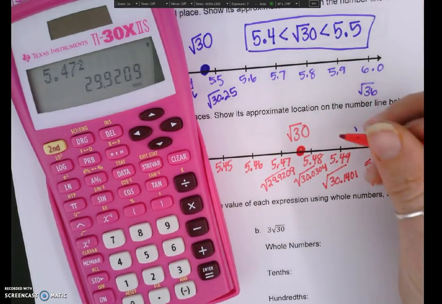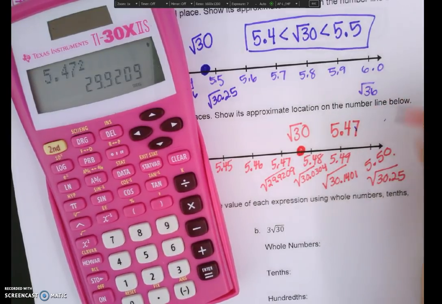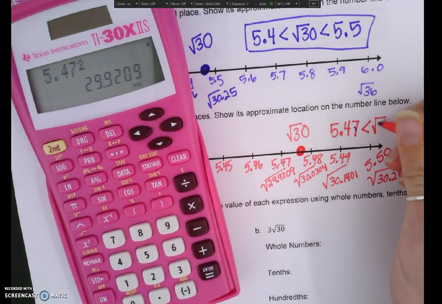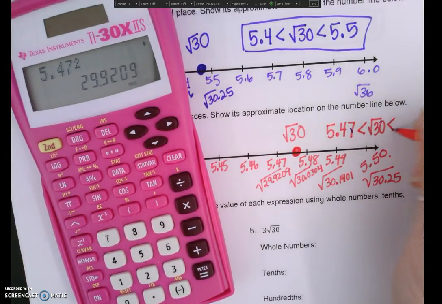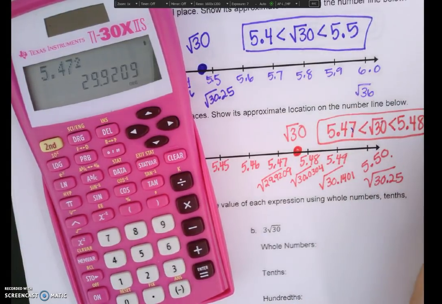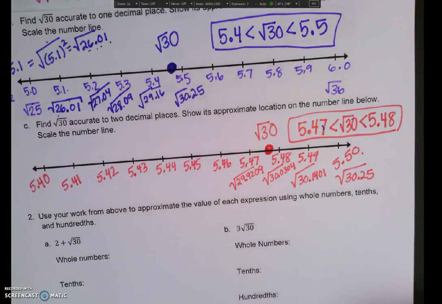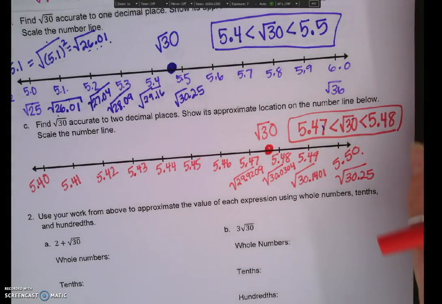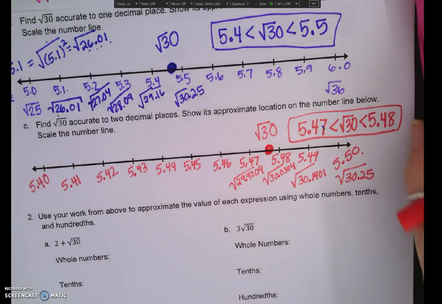So again, our lower bound approximation, 5 and 47 hundredths, is less than radical 30, but radical 30 is less than 5 and 48 hundredths. So this is my approximation to the nearest hundredth. And the reason why we'd want to do that is to give approximate values of each expression using whole numbers, tenths, and hundredths.